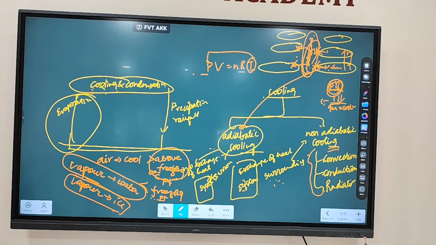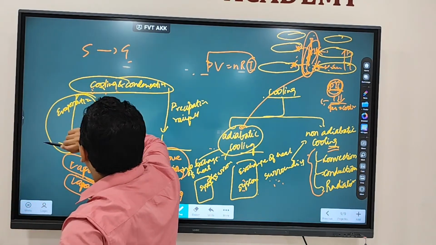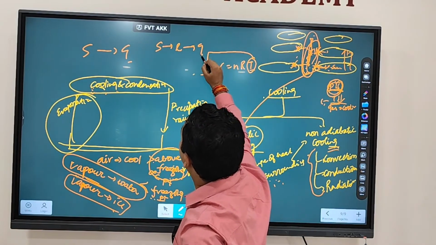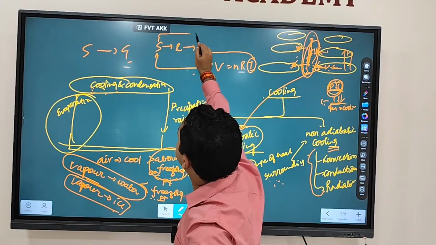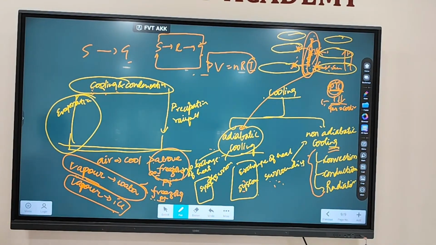What is the process in which solid is directly converting into gaseous substances? Normally you convert solid into liquid, and liquid into gas.